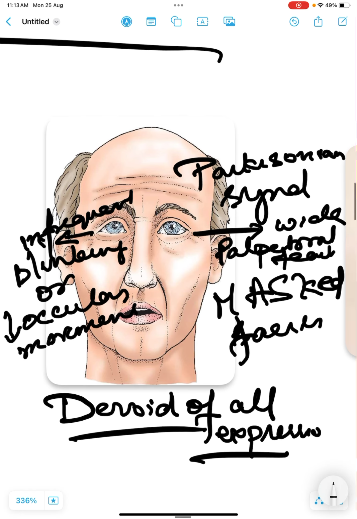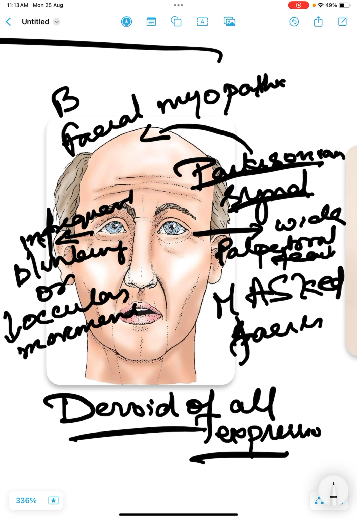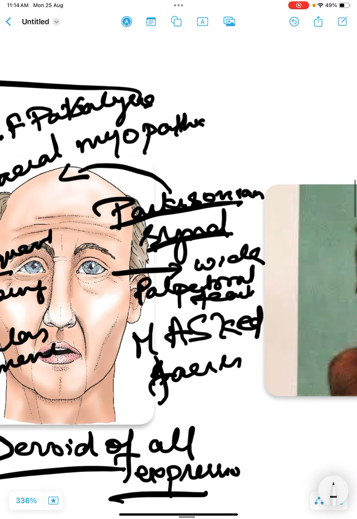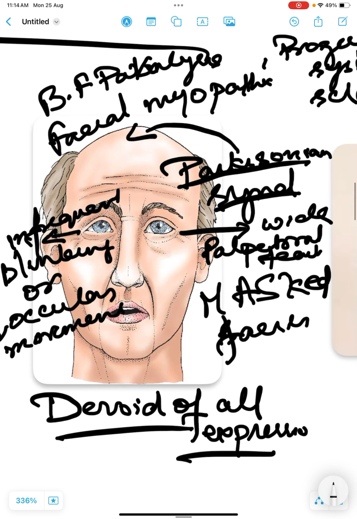Now, this is seen in Parkinsonian syndrome, but also seen in some other myopathies like facial myopathies. It can also be seen in cases of bilateral facial edema, paralysis, progressive systemic sclerosis, but most commonly it is seen in Parkinsonian syndrome. So this is about masked faces.